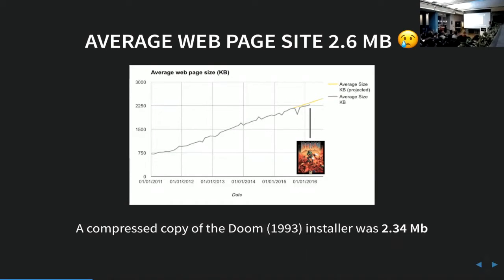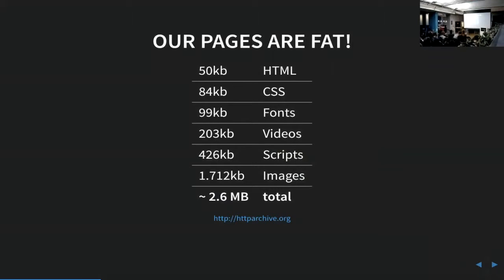It is too large. You see how the graph grows, and we could compare it with a game of the early 90s, where the compressed installer copy was only 2.3 megabytes. The whole game, not only a web page. So what are the pages about?